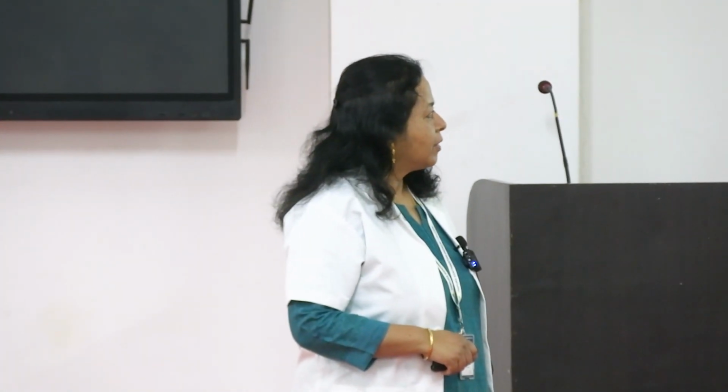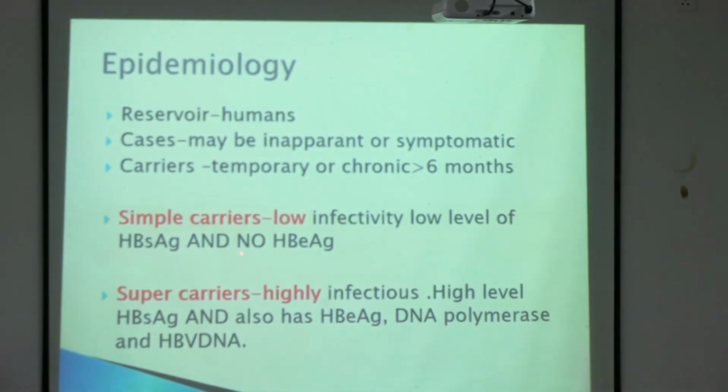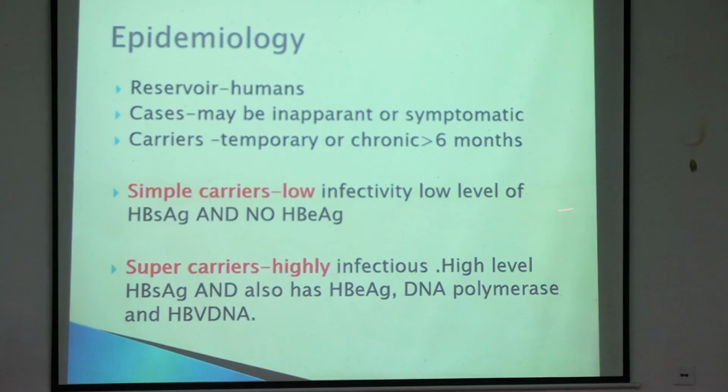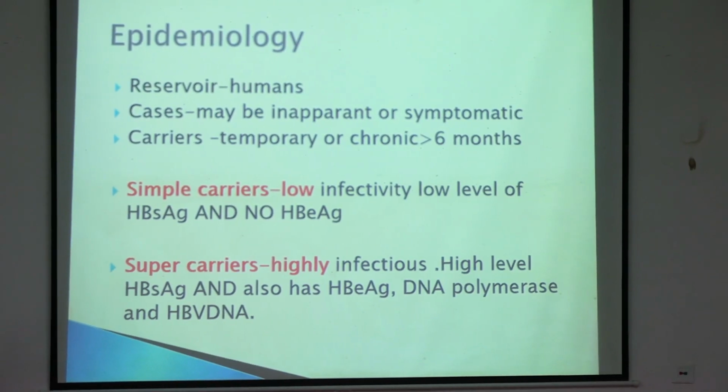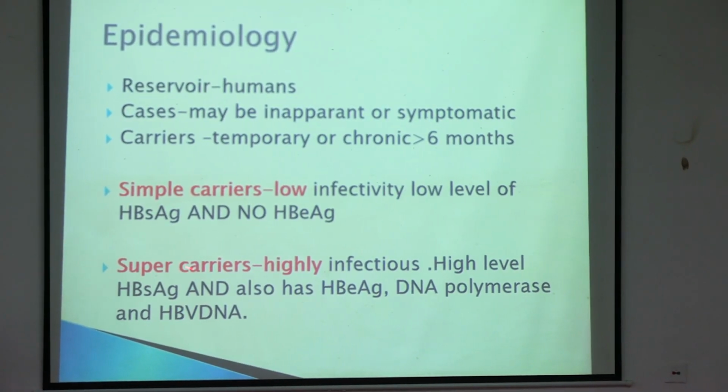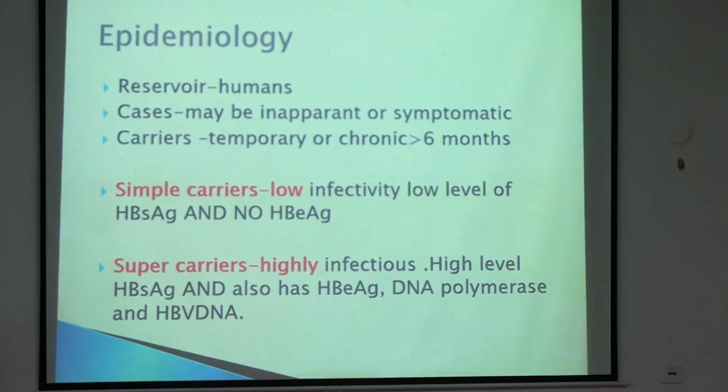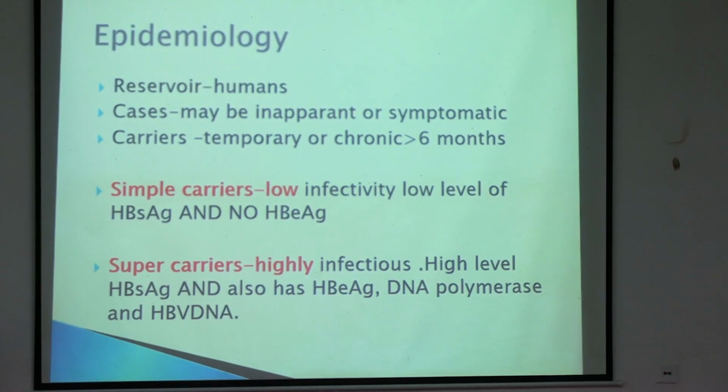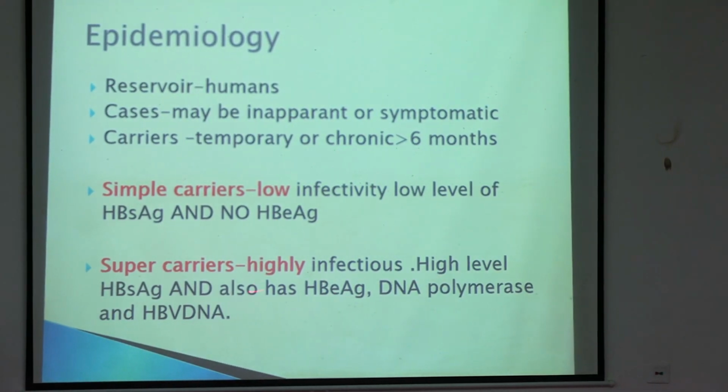Simple carriers: infectivity is low, and the level of HBsAg is present but very low, and we have no HBeAg, the absence of HBeAg. Now about the supercarriers. Always understand super, right? Highly infectious.